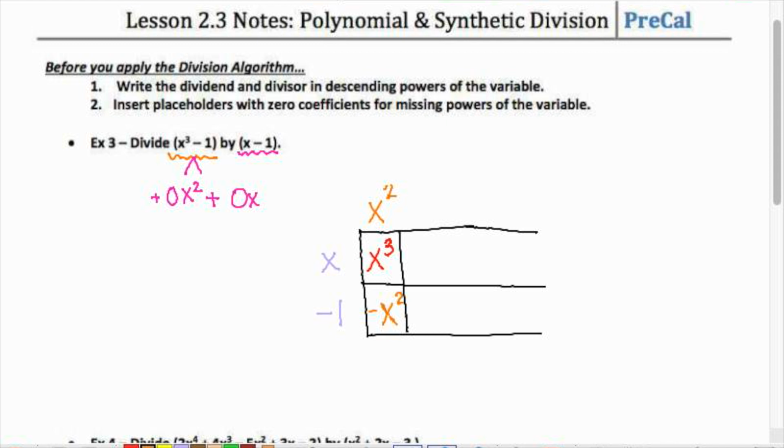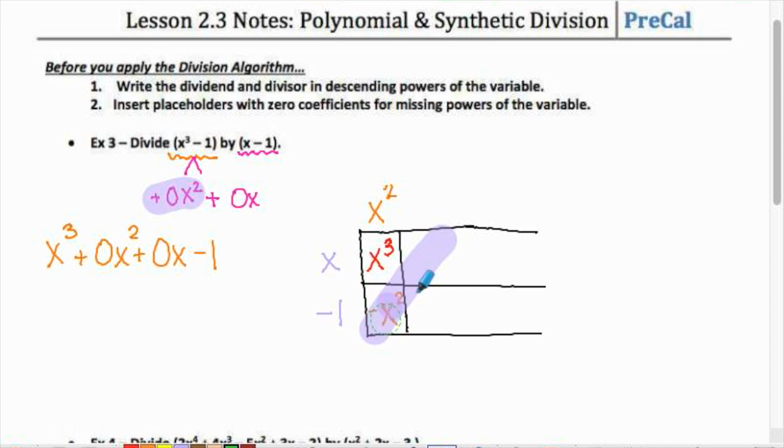All right, so remember in this, once you get to this point, this and whatever goes here need to add up to this next term in my dividend. So my dividend right now is x cubed plus 0x squared plus 0x minus 1.